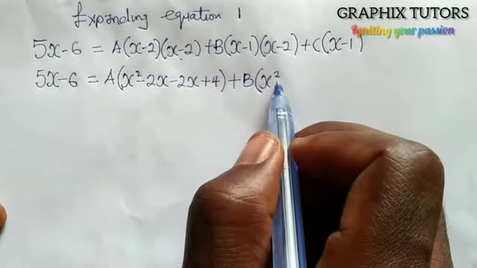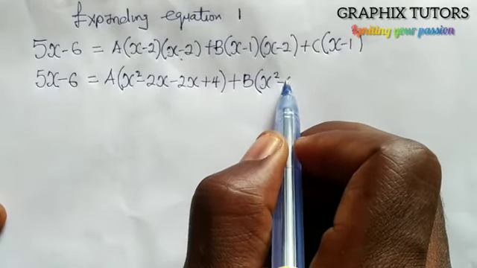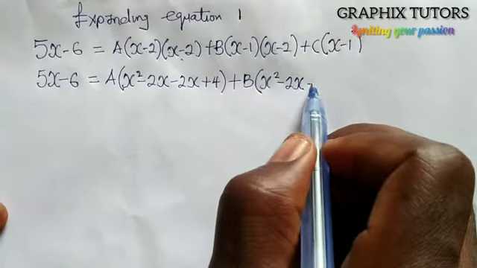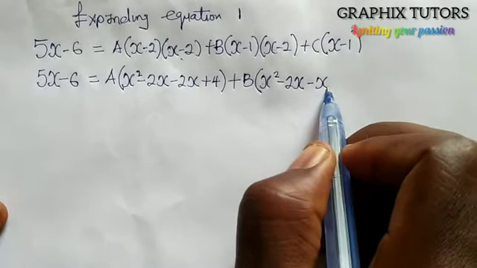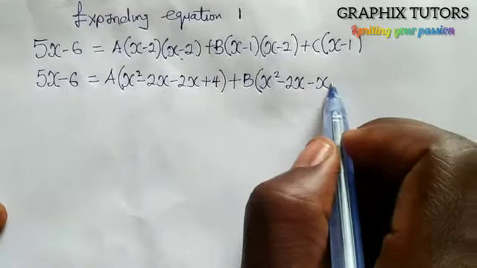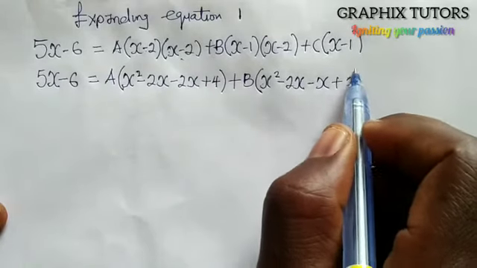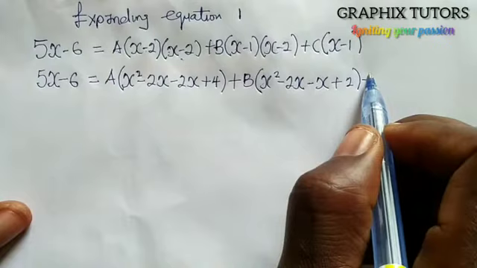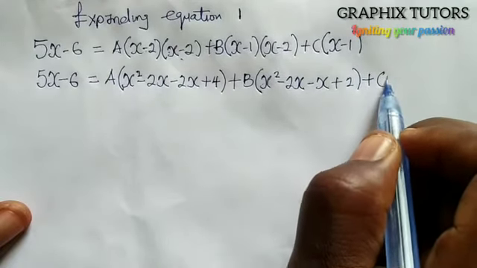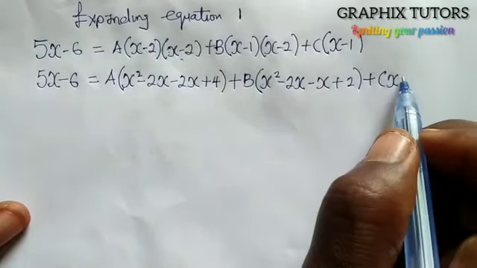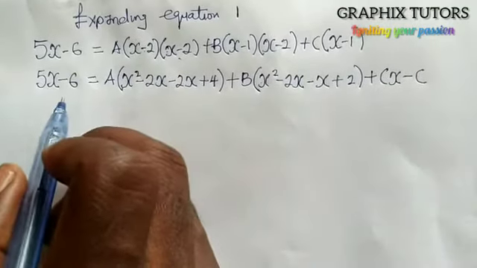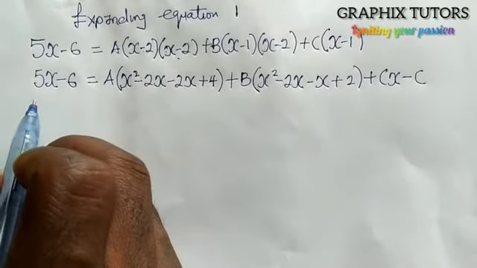X times minus 2 gives you minus 2x. Minus 1 times x will give you minus 1x, which is minus x. Minus 1 times minus 2 gives you plus 2. I'll close the bracket, right? Plus c times x will give you cx. C times minus 1 will give you minus c. So from here, we'll come again. We'll write it out.